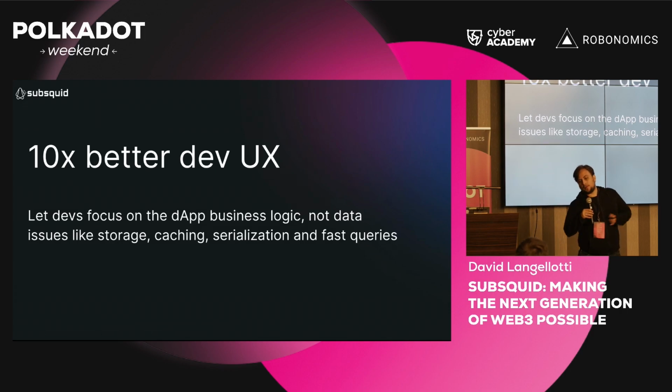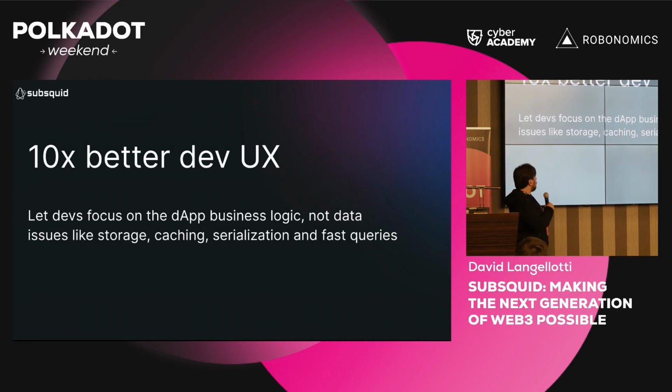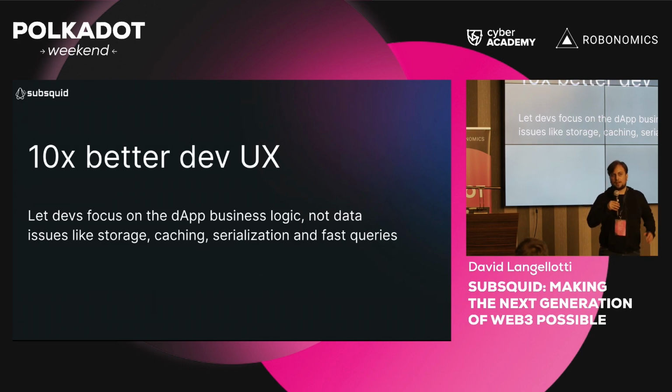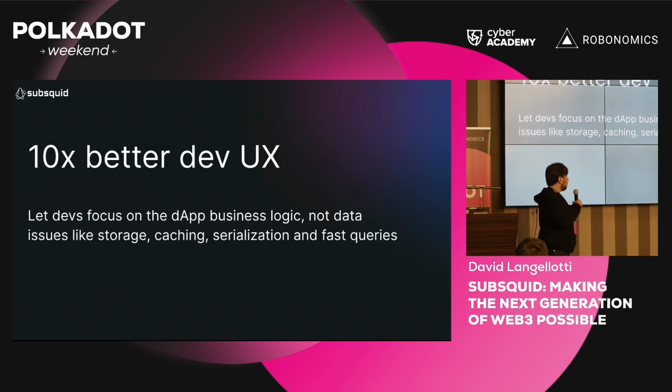So again, I'm not a dev, but I know in Web2, devs don't spend that much time figuring out how to get access to the data. There's already tools for that. In Web3, okay, maybe you do spend time, but there's tools available for you. In Web3, there's really not much. I mean, there's a couple well-known solutions, and we'll talk about those in a second, that aren't quite doing what we need for the next generation. But there's really not too much.